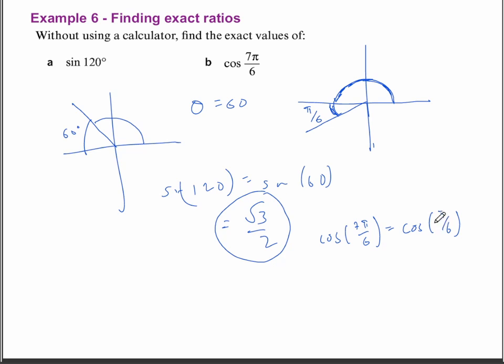The only thing is that it is going to be negative because it's in the third quadrant where only tan is positive, and so cos is going to be negative in that quadrant. So cos 7π/6 is just equal to negative cos of π/6. Now the magnitude of cos π/6 is just cos of 30 degrees, and cos of 30 as we know is root 3/2 as well. So it equals negative root 3/2. Root 3/2 we get from the fact that the reference angle is π/6, and the sign being negative we get from the fact that it's in the third quadrant.